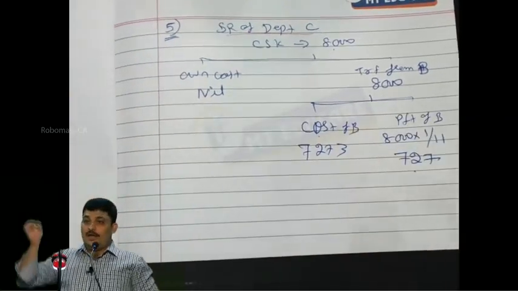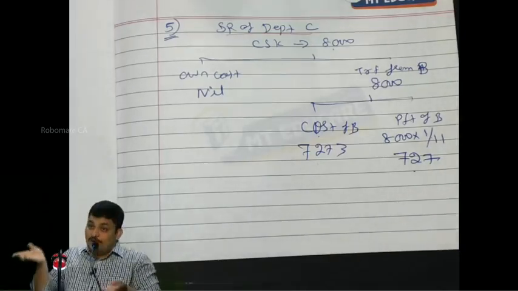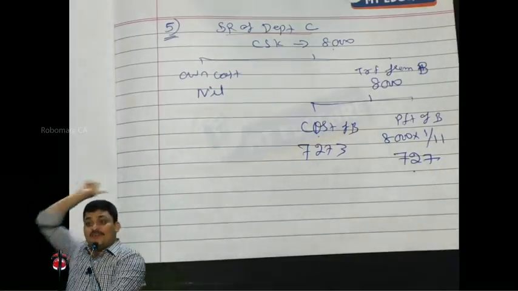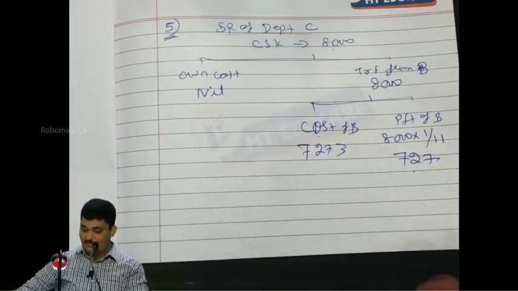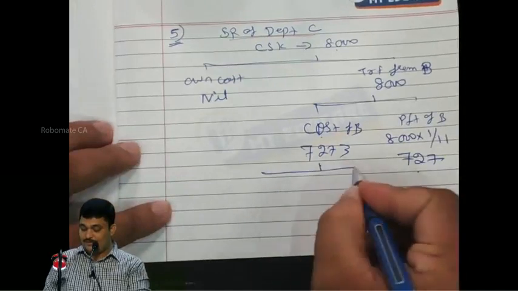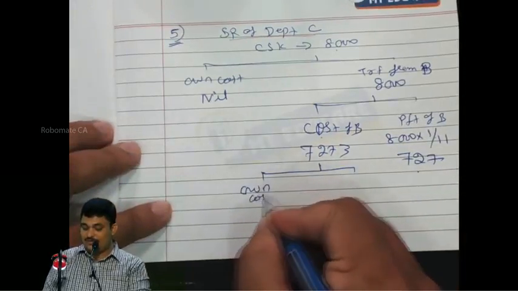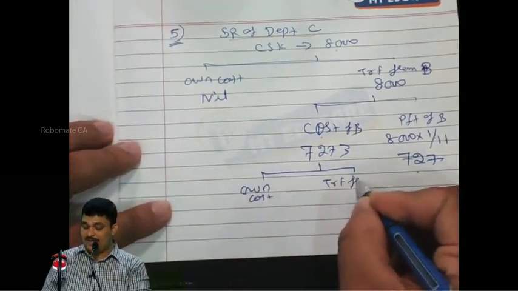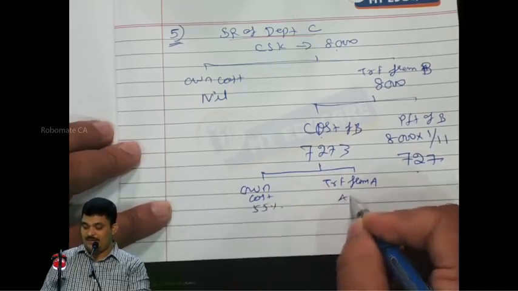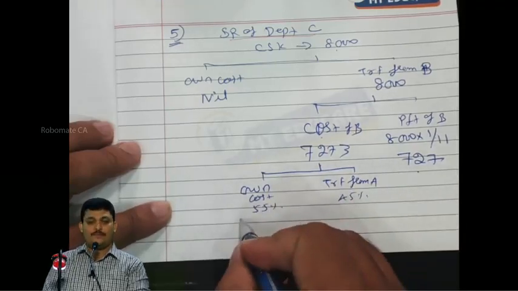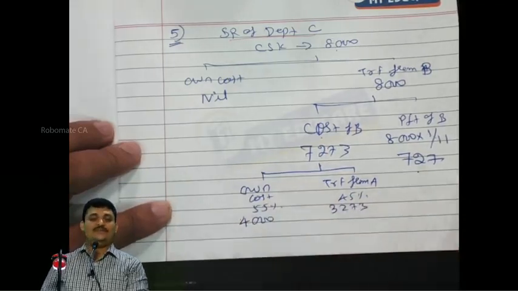Every 1 unit of cost of B will have own cost of B and transfer from A. Understood? This should further be classified into own cost and transfer from A, 55%, 45%, 4,000, 3,273.